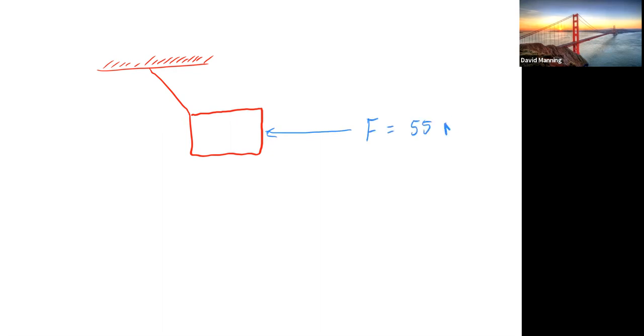So let's try it. Here I have an object and a cable. And I have a force here. I'm going to say this force is 55 newtons. This angle here is 37 degrees. Nope, I got that force backwards, sorry.